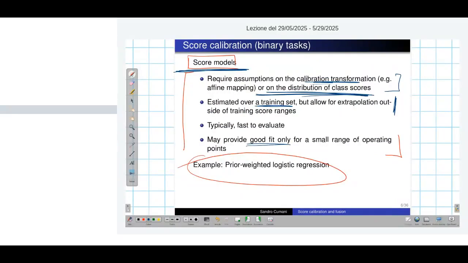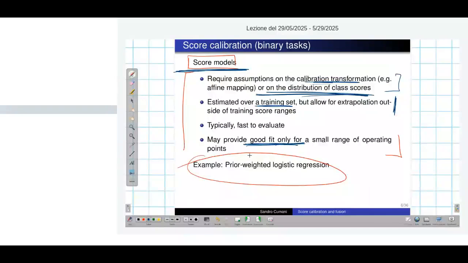And the good thing is that we will see that typically we will train our models for a specific application, which means the good fit will be obtained for that application. But although not always, typically we will see that this model performs well also for different applications.